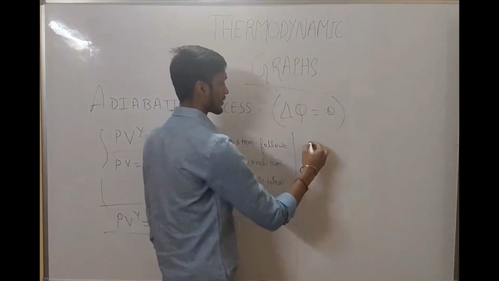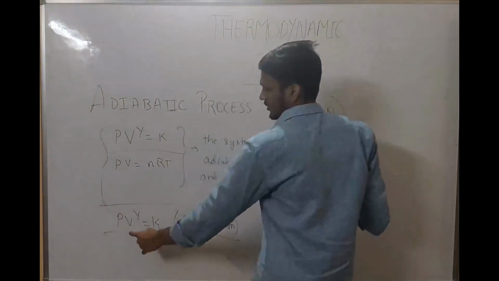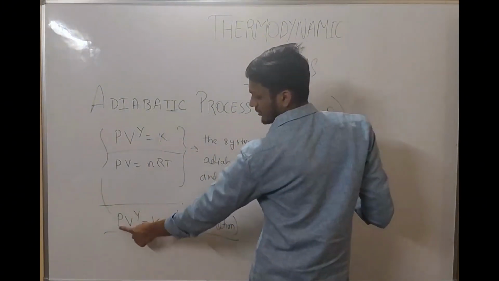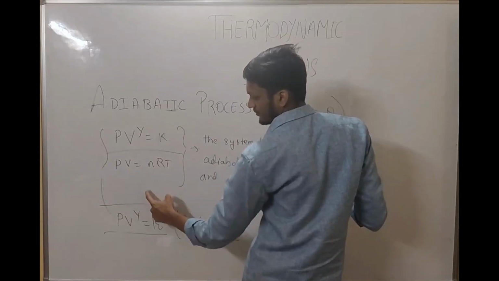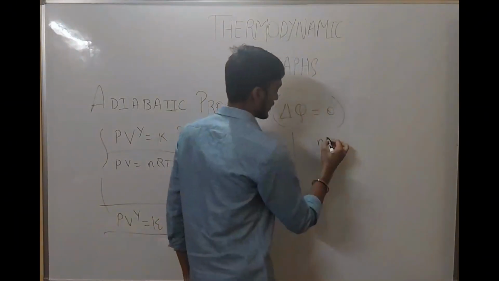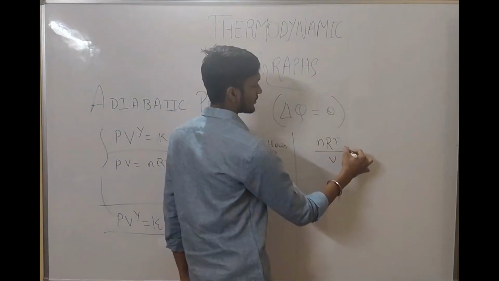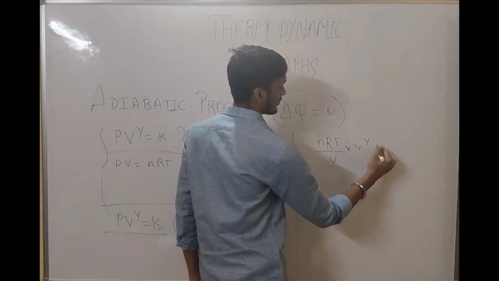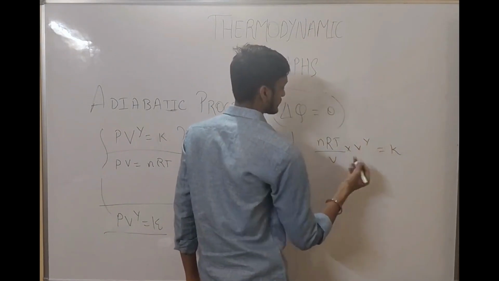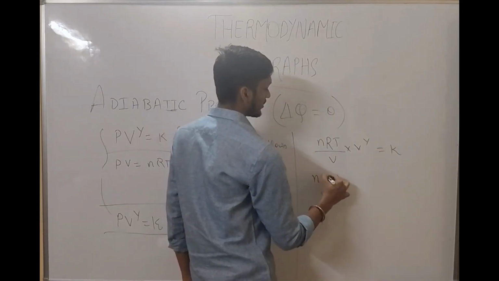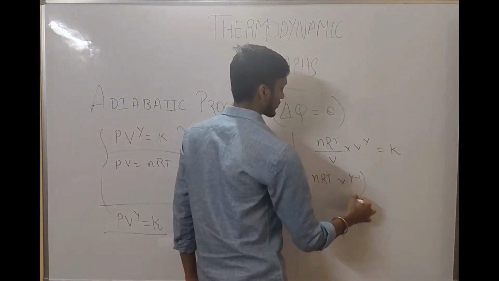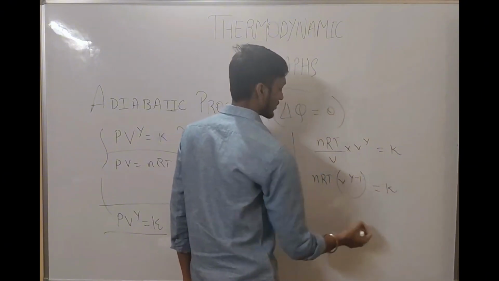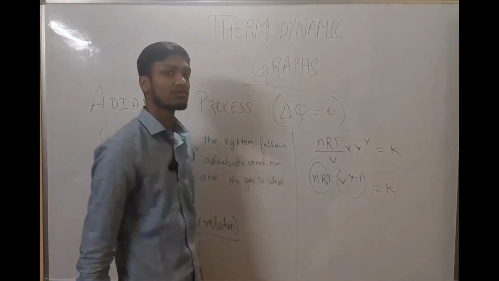Next, here P can be replaced with nRT by V. So nRT by V into V to the power gamma is equal to constant. This implies nRT into V to the power gamma minus 1 is equal to constant. This nR term is also constant.